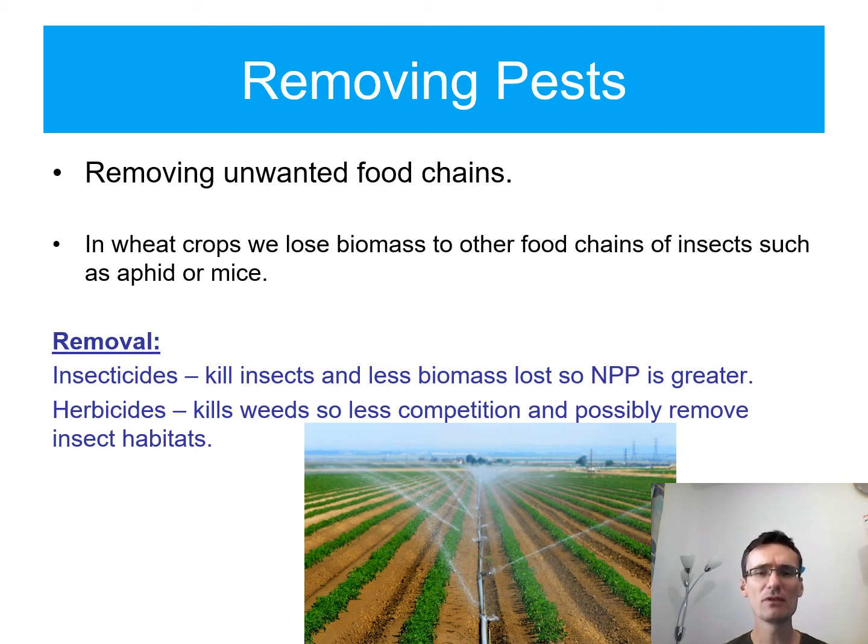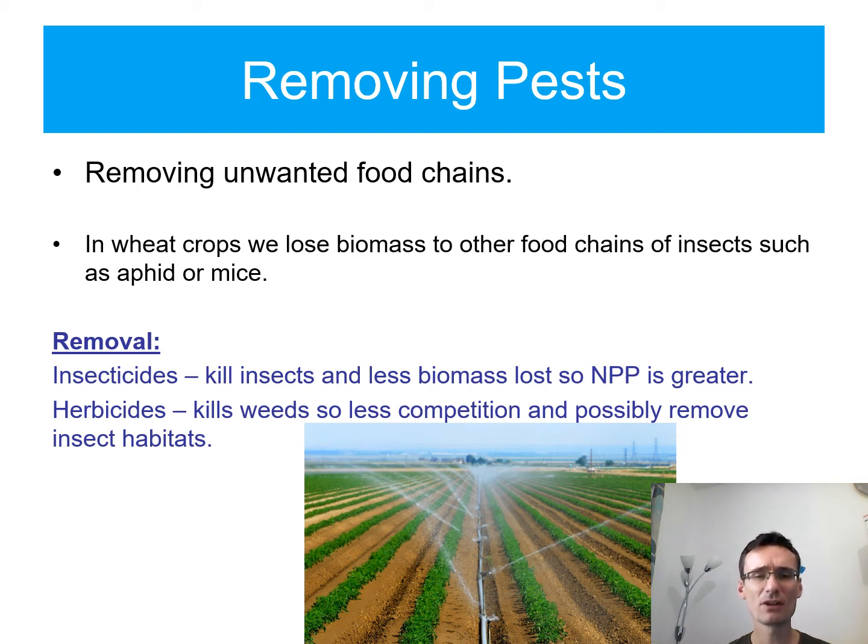So how do we remove organisms like this? Well, we might use insecticides to kill insects, for example, and there might be less biomass lost to the insects as a result, so there's the greater NPP, so net primary productivity, of the crops.